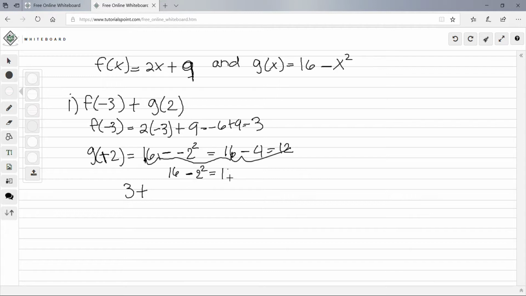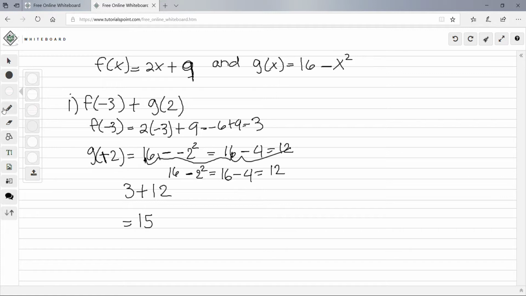So that's 16 minus 4, which is just positive 12. Oh, I got the same answer. But I just want to make sure it's not negative 2, it's positive 2. So 3 plus g of 2, which is 12, which is 15.